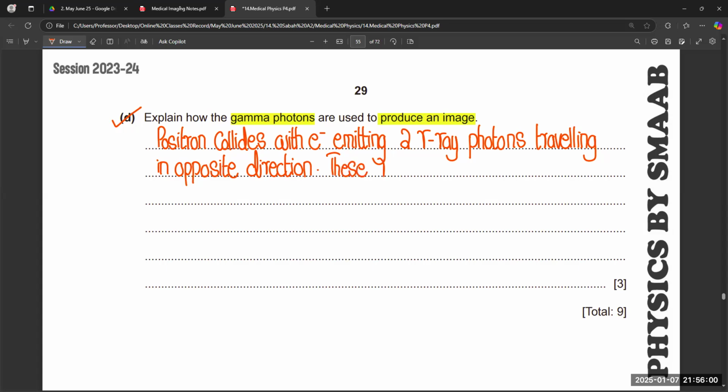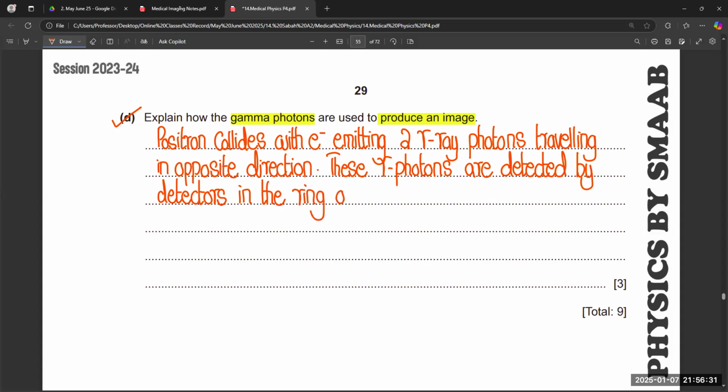These gamma photons are detected by detectors in the ring outside the body.